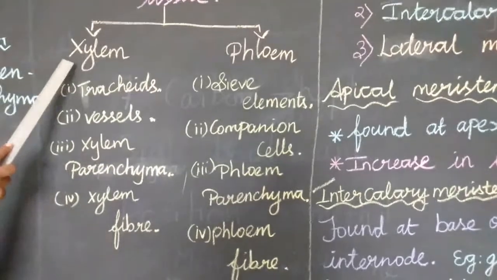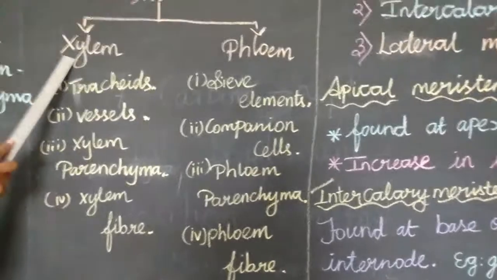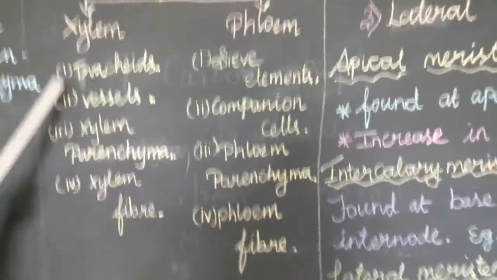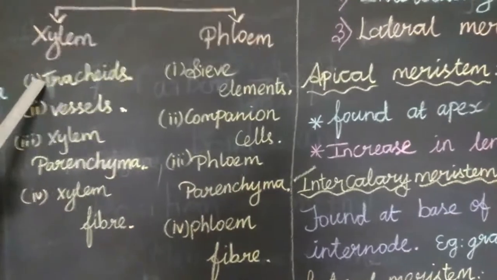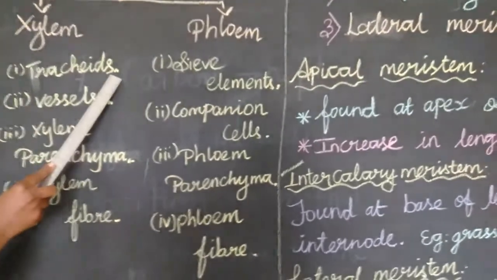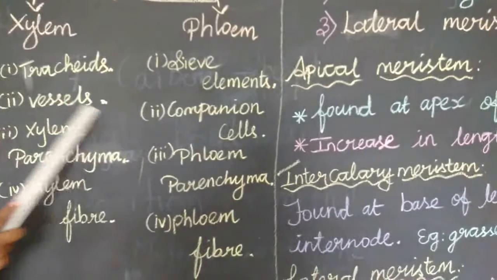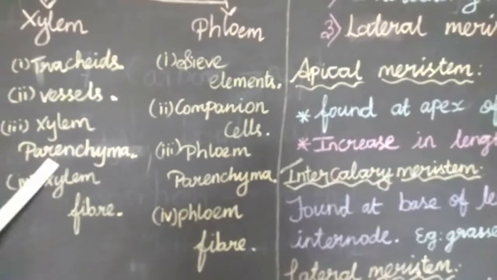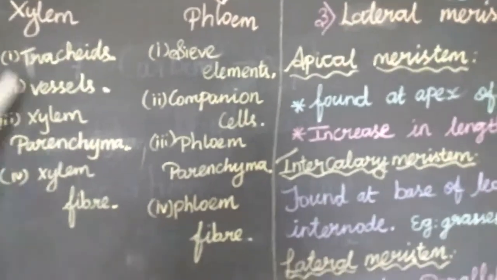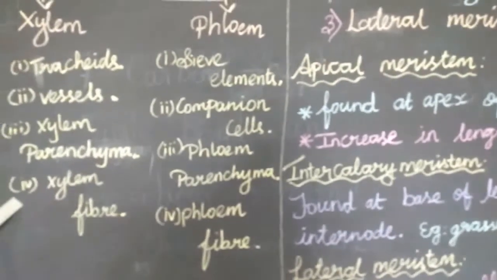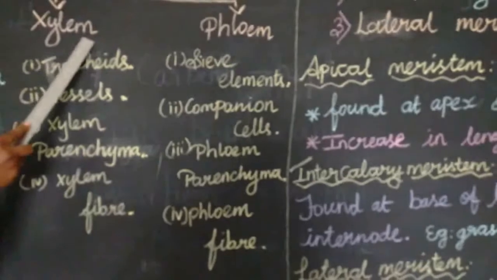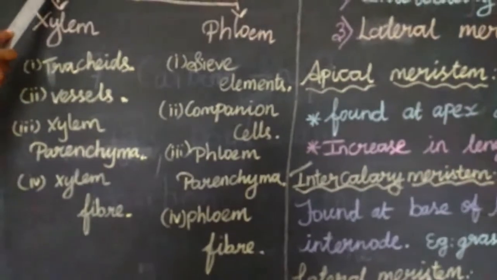Why is it called a complex tissue? The xylem comprises four types of elements: tracheids, vessels, xylem parenchyma, and xylem fiber. These four elements combine and are called xylem, so it is called complex tissue.